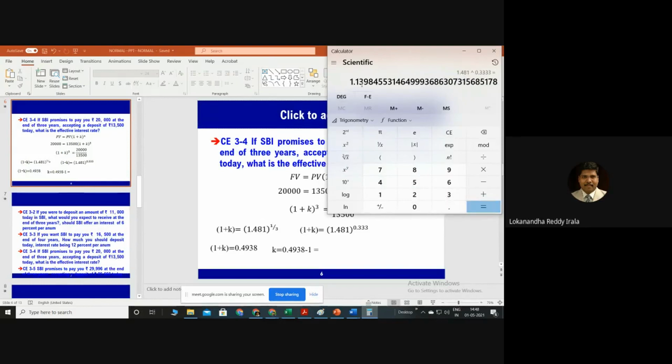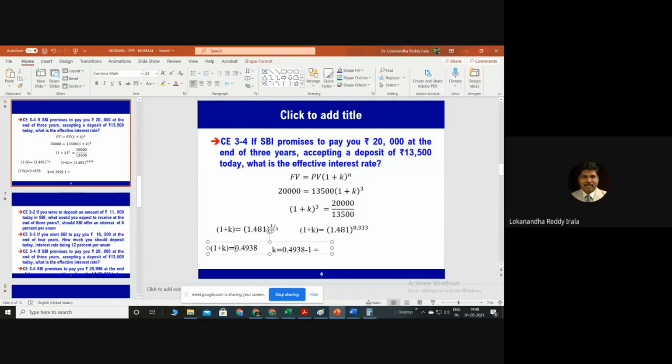So 1.1398. You see this, 1.1398. So k is equal to 1 minus 1.1398, which is equal to 0.1398, which is equal to 14%.